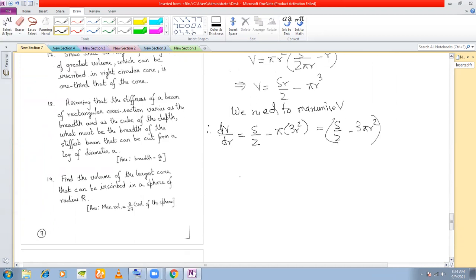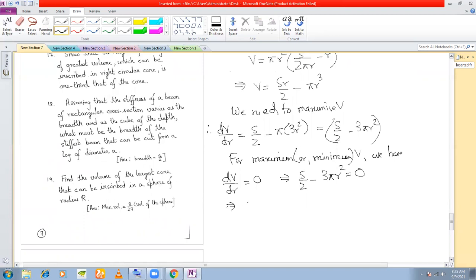Okay. For maximum or minimum V, we have dV/dr is equal to 0. S by 2 minus 3 pi r square is equal to 0.